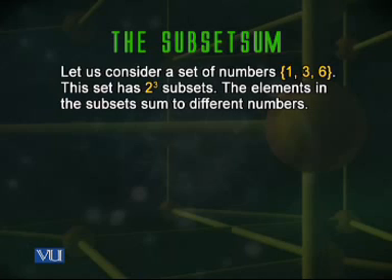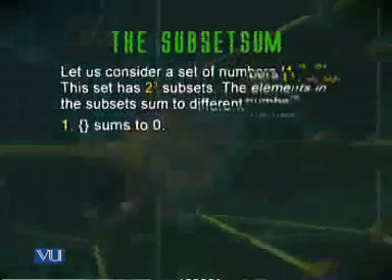What we can do is now look at each subset and add up the elements that occur in that subset, and that is called a subset sum. So, for example, for this particular set 1, 3, 6, it has 8 subsets, so we get 8 subset sums. Let's look at them.